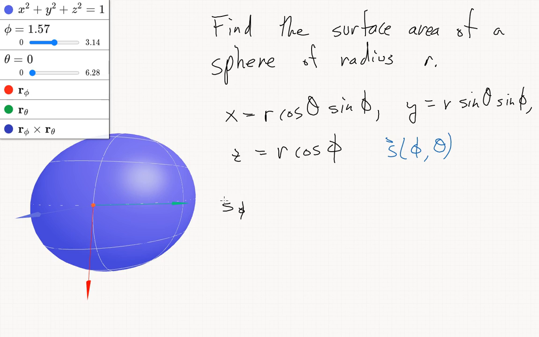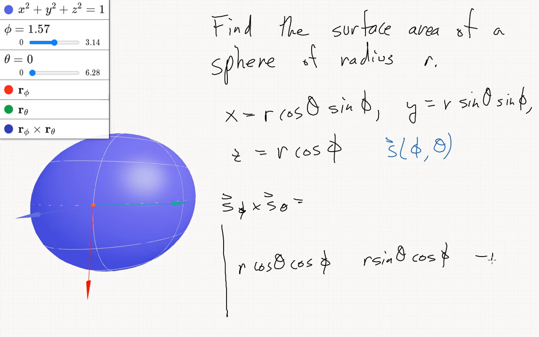Okay, so S sub phi cross S sub theta is, okay, so with phi, we're going to get r cos theta cos phi, r sine theta cos phi, and then negative r sine phi.